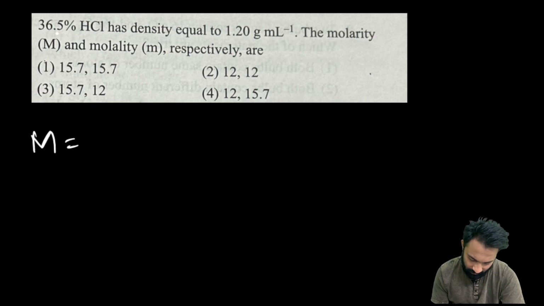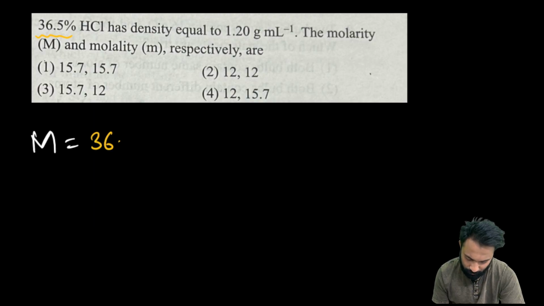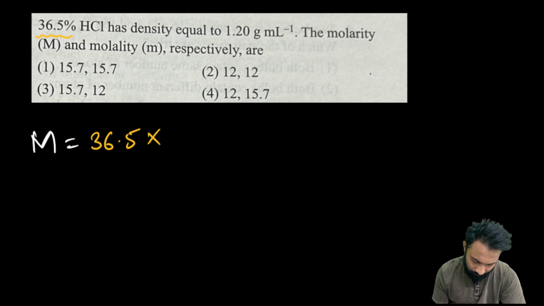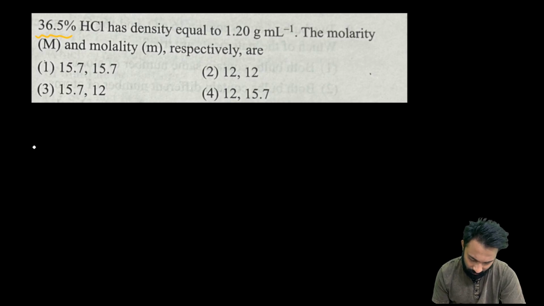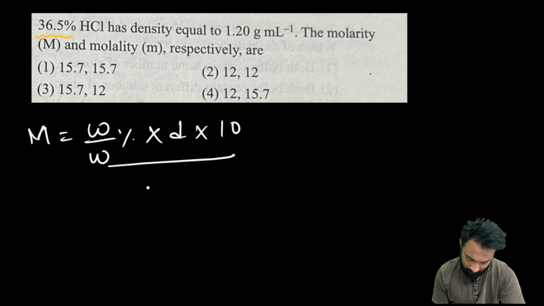So first, they have given 36.5 percentage of HCl, which is nothing but weight by weight percentage. Clear? The formula is: molarity is equal to weight by weight percentage into density into 10 by molecular weight.